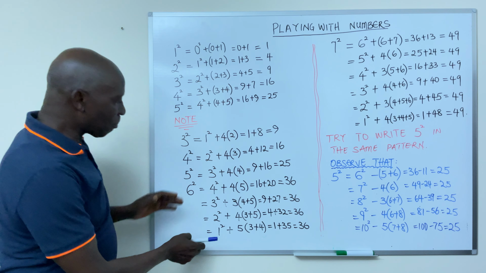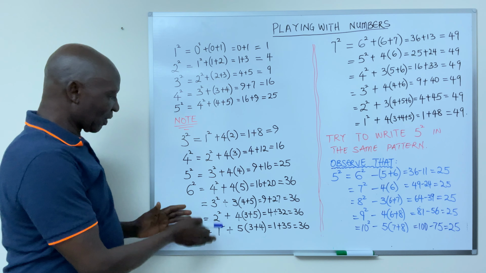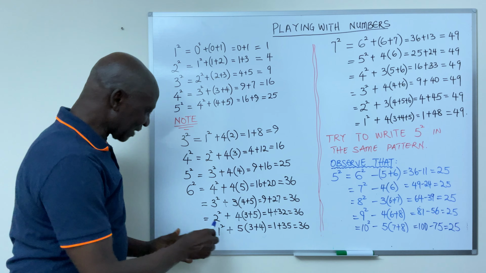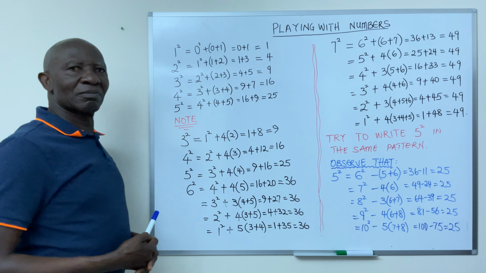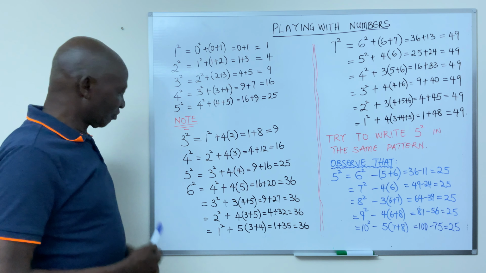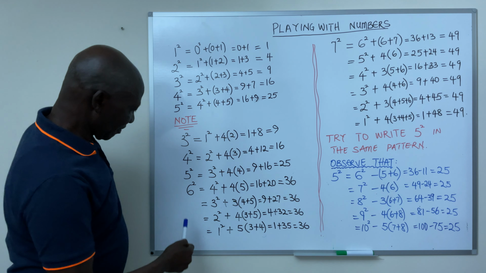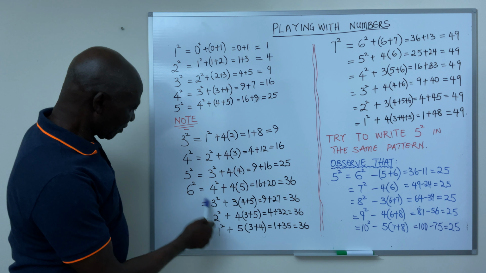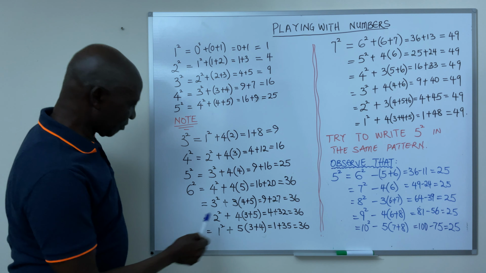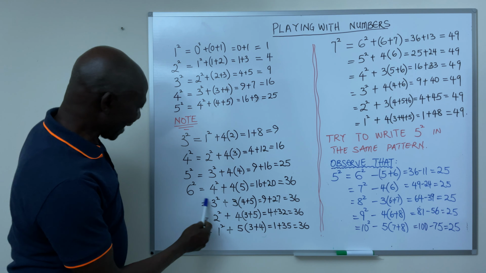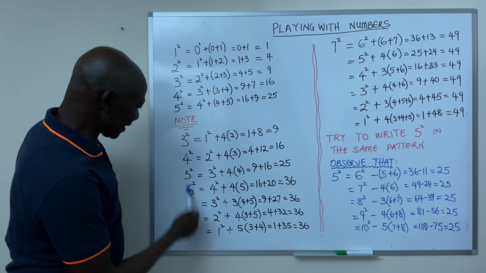But we can still play with these squares of numbers. We can write 6 squared in terms of 3 squared, in terms of 2 squared, in terms of 1 squared. Let's go. Now, we are writing 6 squared in terms of 3 squared. What are the numbers that are in between 3 and 6?